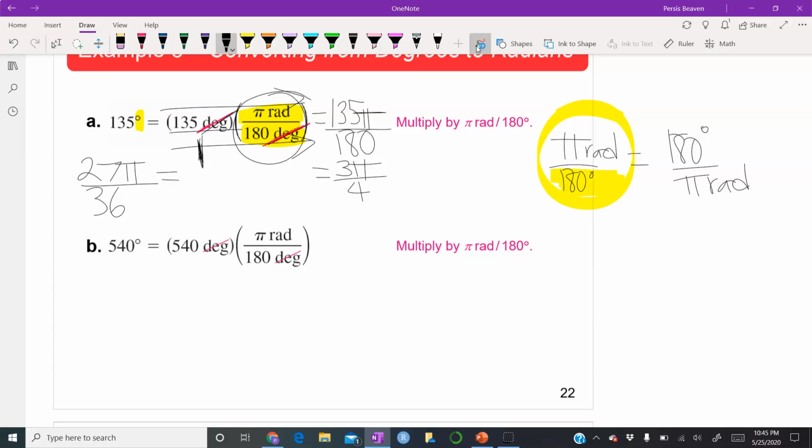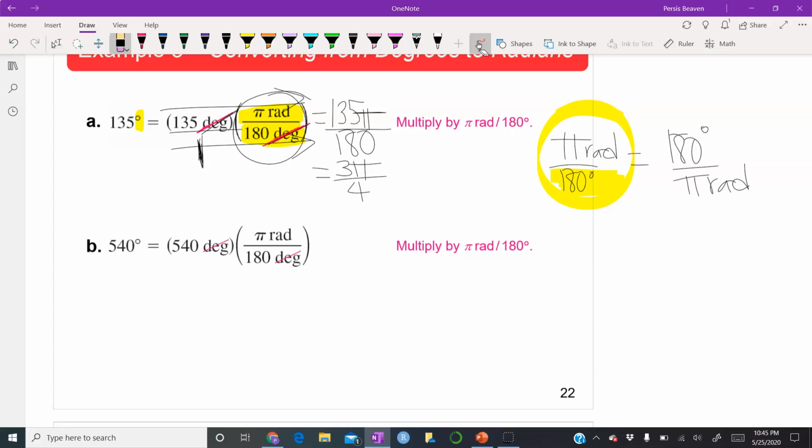And you could recognize those two are divisible by 3. So 27 divided by 3 will be 9, so 9 pi. 36 divided by 9 will be 4. Okay, I did something wrong here, so let's revise that.